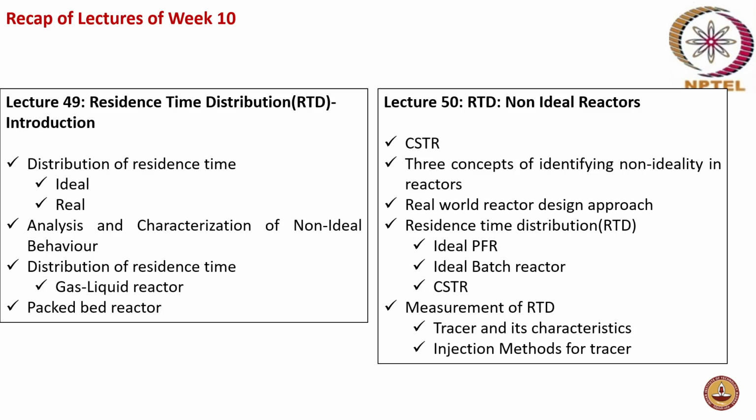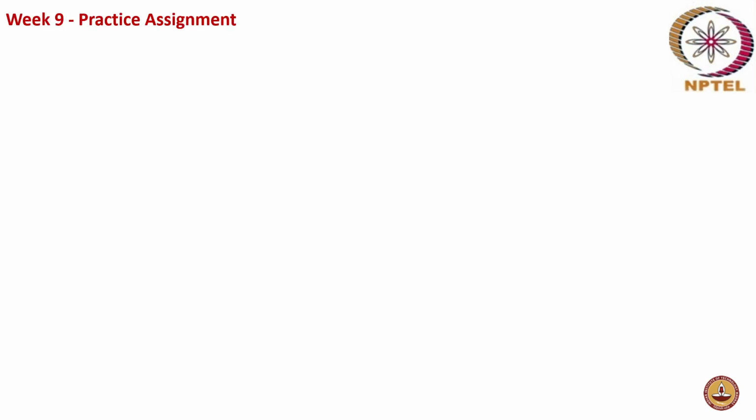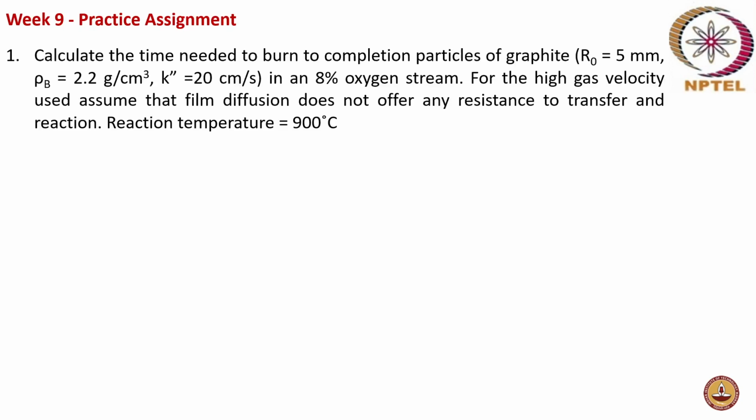Now let's get on to the week 9 practice assignment. Question number 1. Calculate the time needed to burn to completion particles of graphite of radius 5 mm and density of 2.2 gram per centimeter cube, and specific reaction rate constant of 20 centimeter per second, in an 8% oxygen stream.